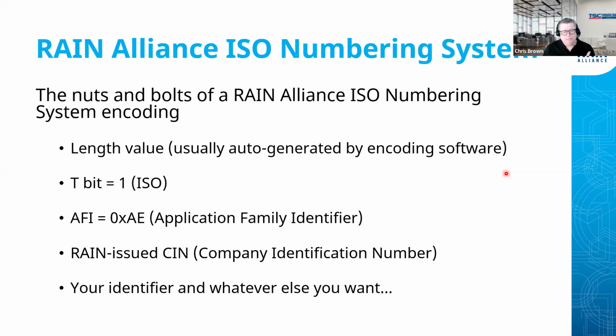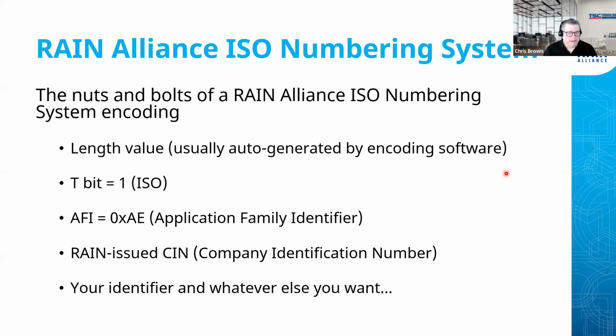If it's set to 1, that tells the reading system that the encoding is based on ISO standards. Well, if we remember what we're talking about, it's the RAIN Alliance ISO numbering system. So we're doing an ISO-based encoding, therefore we must set the T-bit to 1.